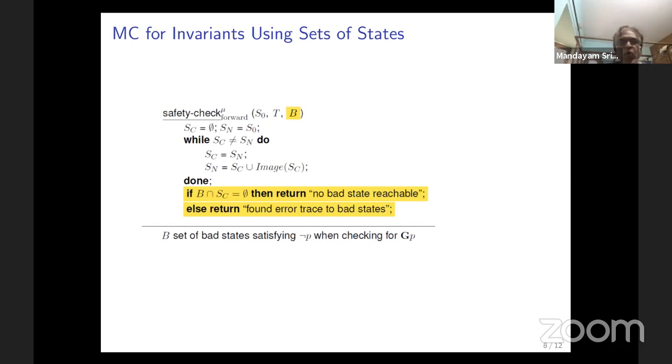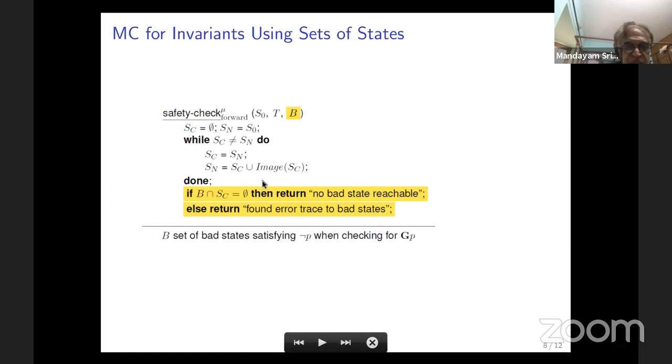You compute the transitive closure, compute all the reachable states, and then you check the negation of your property. P is something that you expect to hold good. Not of P is what I call the bad state. And what you have to do is to see whether the bad state is contained in any of the reachable states.